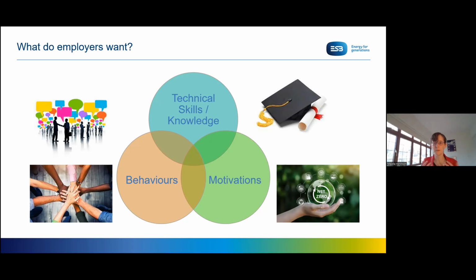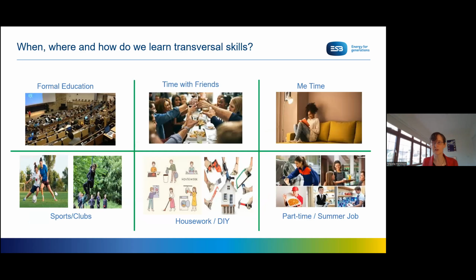We need people who are going to be able to do teamwork, to communicate, to have good decision making, to take commercial into account as well as technical, and all of those other transversal skills. So when we're looking for people, where do we look for those transversal skills? Well, yes, there's the formal education piece, and we're going to focus on that to a large extent today.